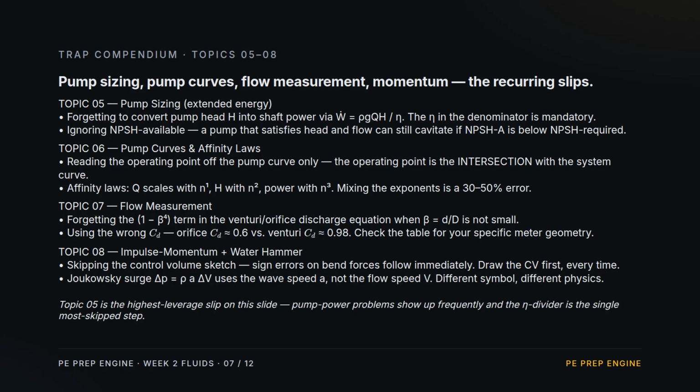Affinity laws. Flow with speed, head with speed squared, power with speed cubed. Flow measurement. Keep the 1 minus beta to the 4th term, and use the right discharge coefficient, about 0.6 for an orifice, 0.98 for a Venturi. Momentum. Draw the control volume first, and Joukowsky uses the wave speed, not the flow speed.